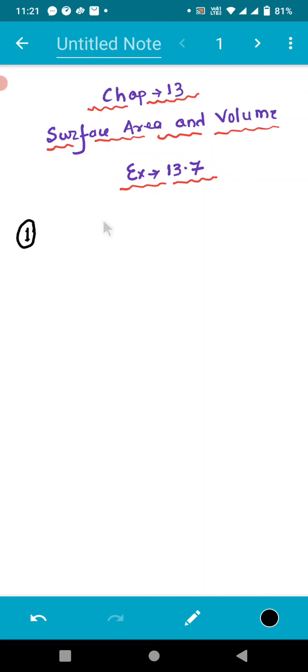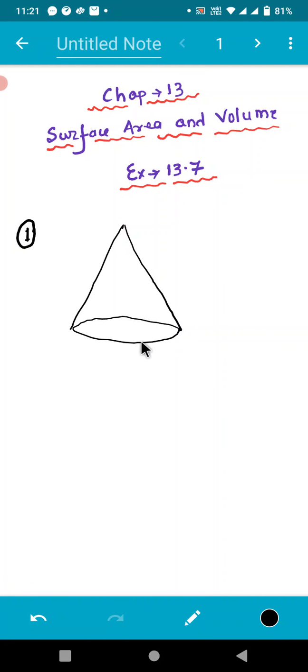We have to find out the volume of the right circular cone. Right circular cone means this is a cone. There are some things that you have to know about a cone first. This is a cone, students, and a cone has a circular base.